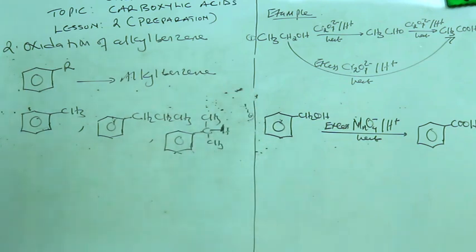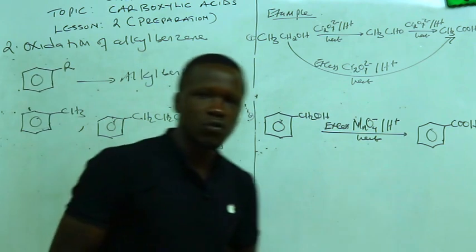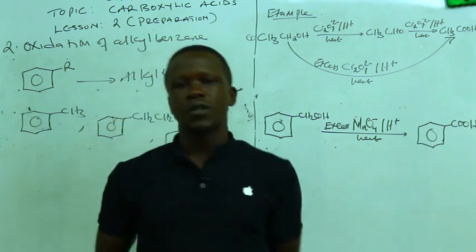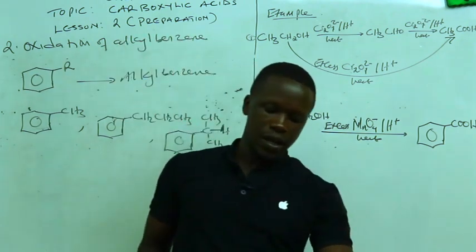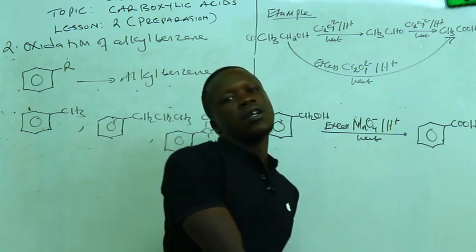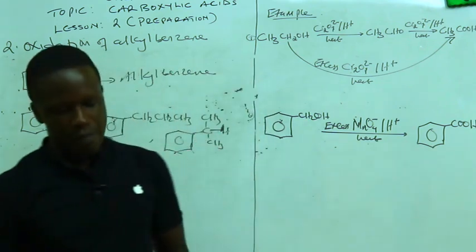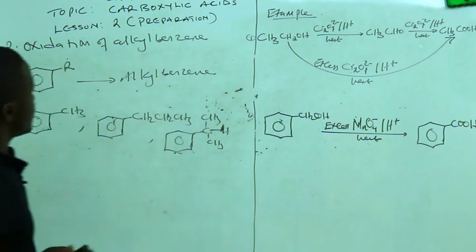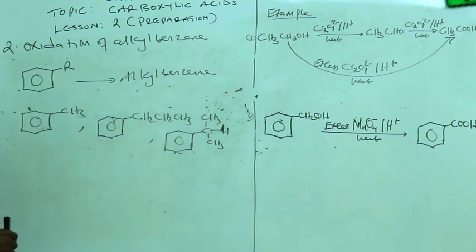Now, when alkyl benzene is treated with a strong oxidizing agent like acidified potassium permanganate, it could be oxidized to benzoic acid.